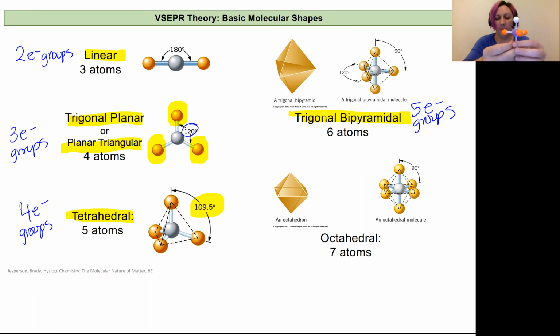So a trigonal bipyramidal structure is going to have 2 atoms kind of 180 degrees apart. And then if you look down the center, there's 3 atoms in what we're going to call the equatorial plane, but we won't worry about that for now, that are 120 degrees apart right here. And so the bond angles that we have are 90 degrees and 120 degrees.